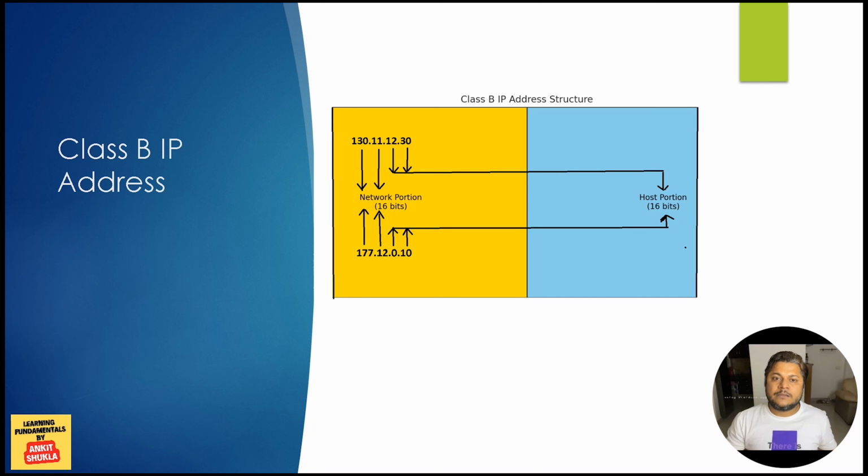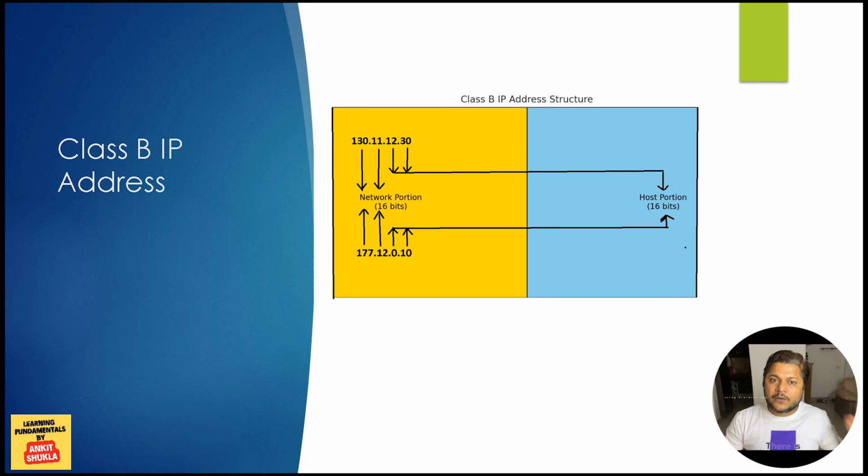The number of networks that can be there in a Class B IP is 2 to the power of 14, that is 16,000 plus, approximately 16,384 networks, and the number of hosts per network would be 2 to the power of 16 minus 2, which is 65,534.